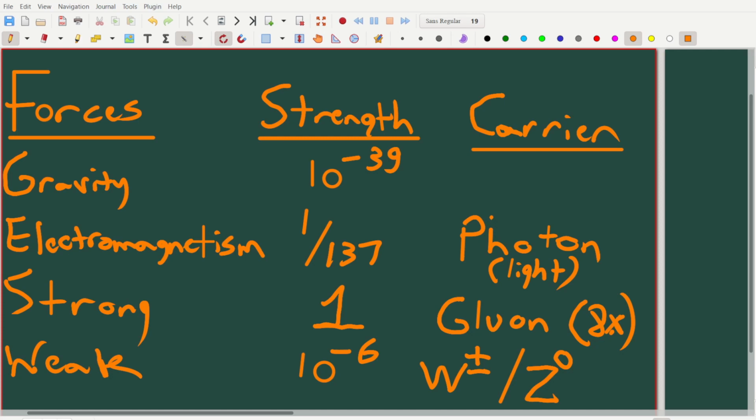Space is now curved downward towards the ball, and so things naturally roll towards the ball. The attraction in gravity isn't due to a particle being exchanged between two things, at least as far as we know. Rather, when you put a heavy mass inside of space, space distorts around it, it bends, and that naturally allows things to be attracted to it. It rolls down into that little divot.